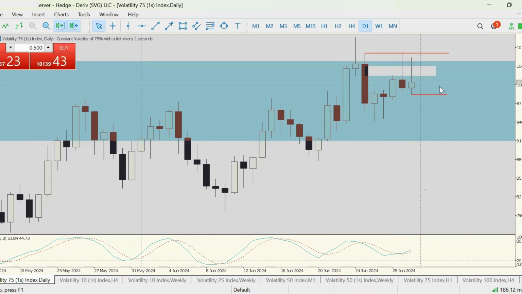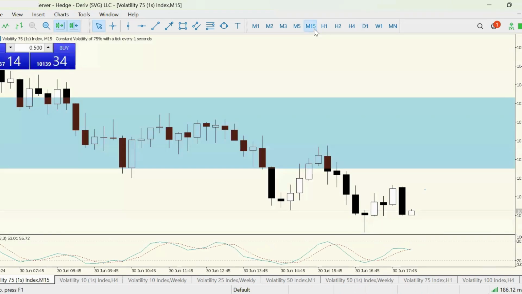So the perfect way of doing it, we want to have the close of that candlestick, the opening, the close, the high, and the low. Then we determine if we want to go short, want to see price pushing again to the upside, but how are we going to do that? We drop to a 15-minute time frame.